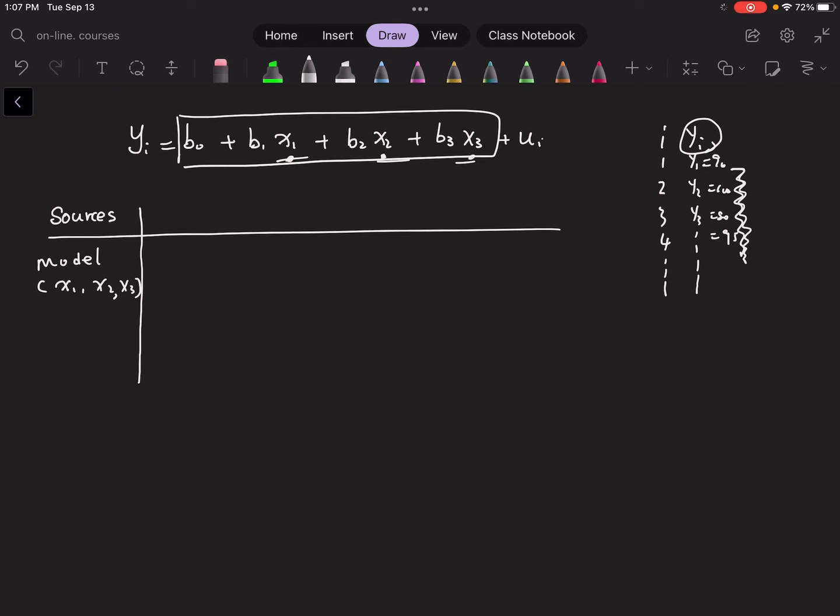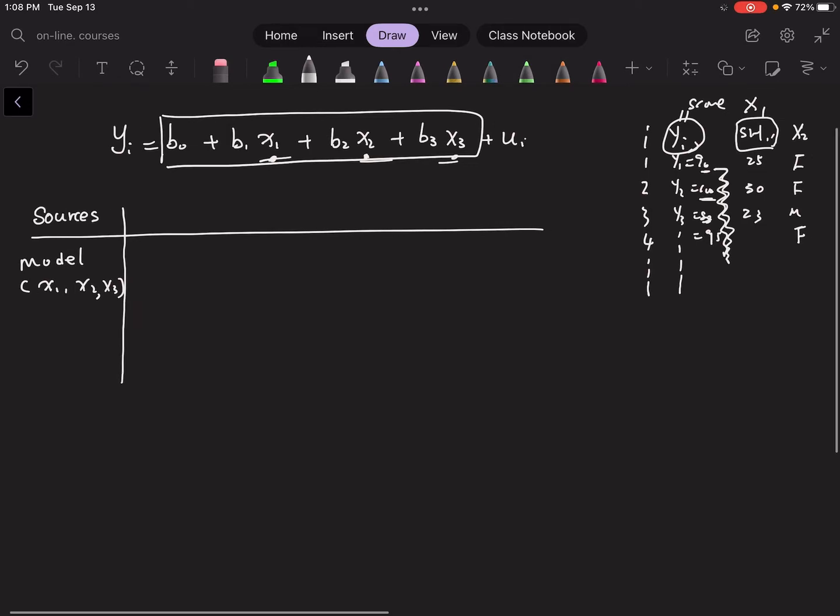The example could be maybe y is test score, and x1 is study hours. So 100 with 30 study hours per week, 90 maybe 25 hours per week, 80 maybe 23 hours per week. So you use the variable x1 to explain variation in y, and x2 could be some other variable, gender, sex, right? This is female, female, male, female. Maybe gender plays some role in determining the test score, and x3 could be the parents' involvement, or the parents' education level, or the family income.